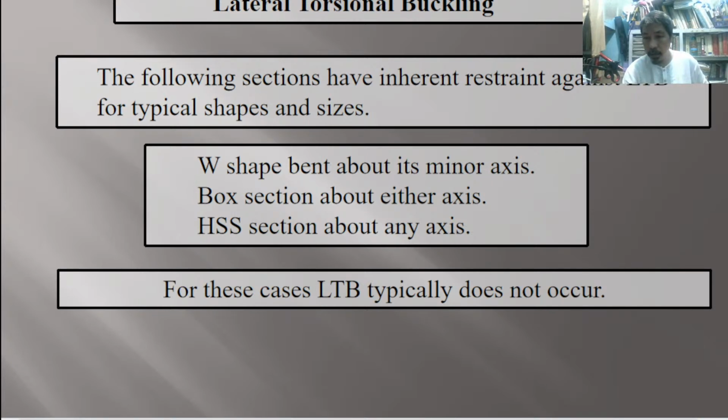So that's for the second type of failure mode. Okay, any question? That is the concept. So we are now able to discuss two concepts: yield, buckling, and this one is lateral torsional buckling or LTB.